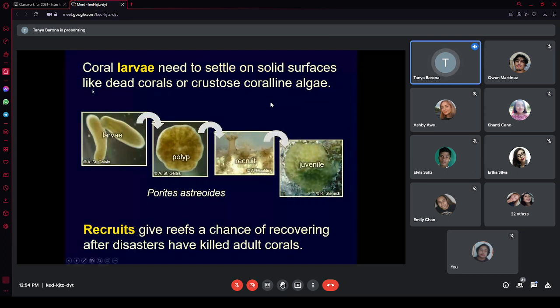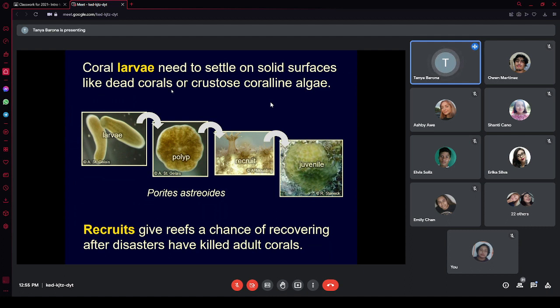For a coral to grow, the coral larvae needs to settle on solid surfaces like dead coral or crustose coralline algae, which is basically a hard algae. It resembles cement. From there, it starts to grow and develop.